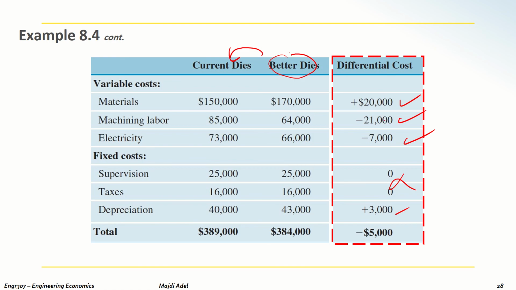So the summation: 20,000 minus 21,000 minus 7,000 plus 3,000 equals minus $5,000. So what does this mean? I'm saving $5,000 in this case. So going with better dyes is more profitable, or more economical, than keeping the current situation, because I'm saving $5,000.